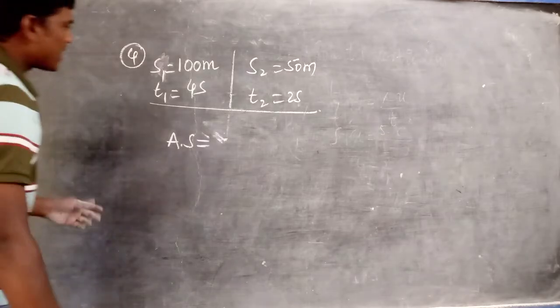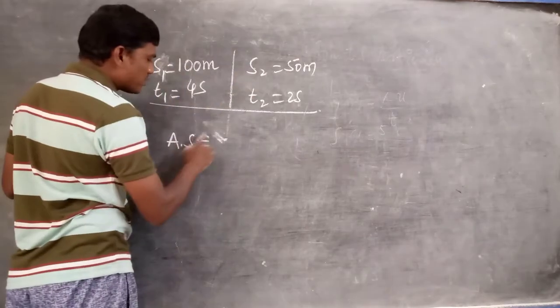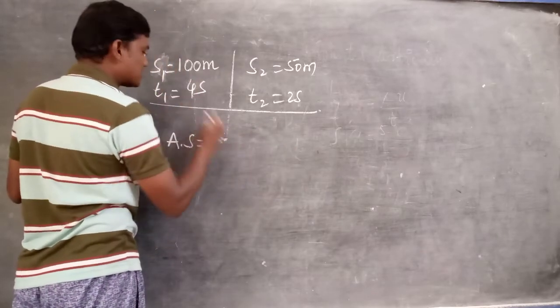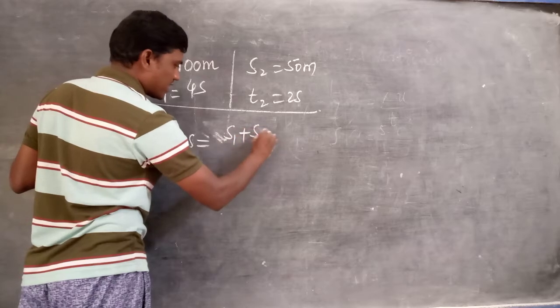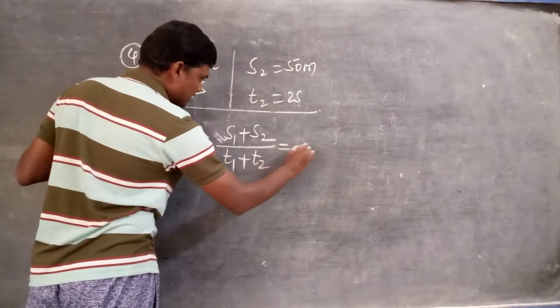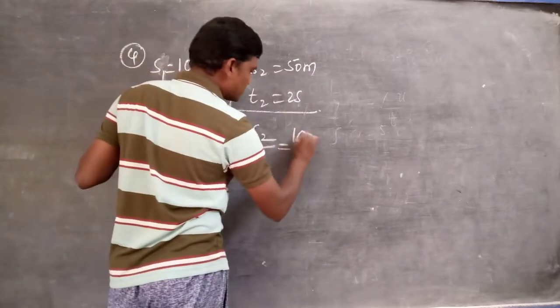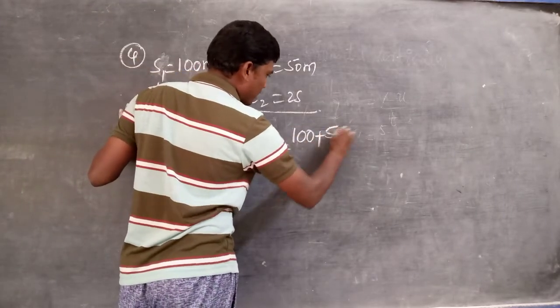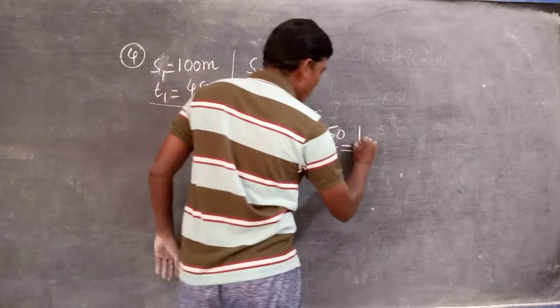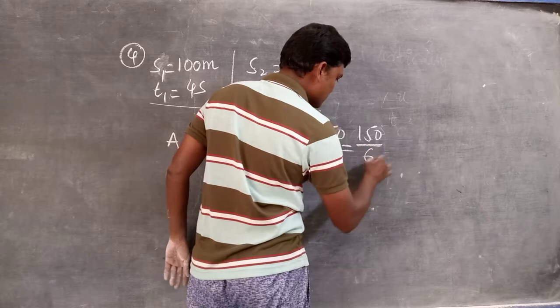So average speed means total distance traveled by the cheetah by total time taken. What is the total distance? S1 plus S2 upon T1 plus T2 is equal to 100 plus 50 upon 4 plus 2, that is equal to 150 upon 6.